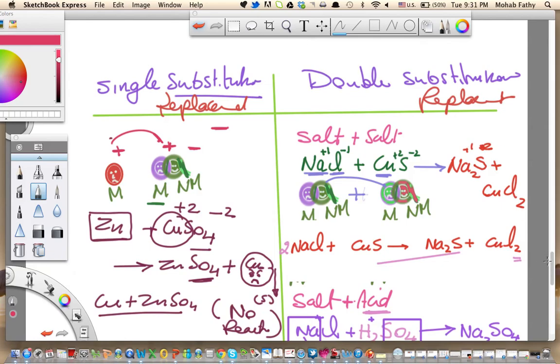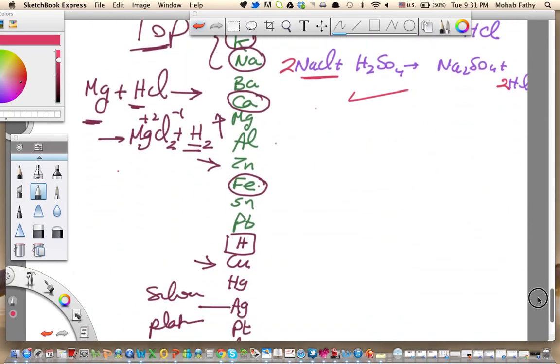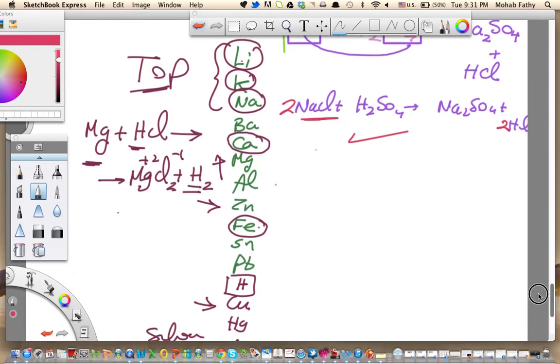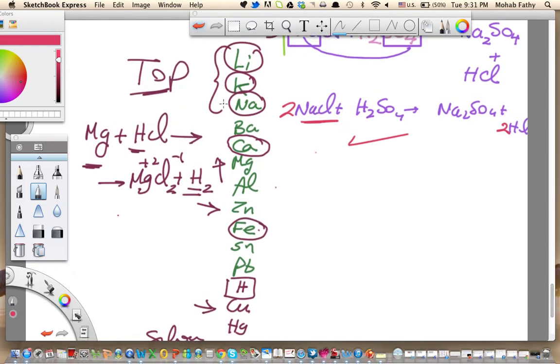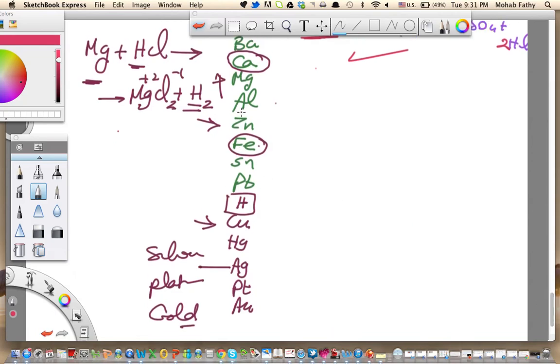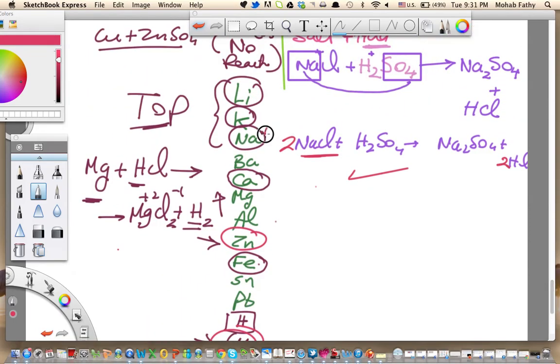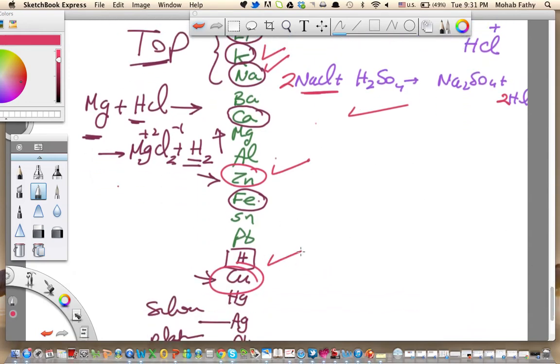If you want to memorize it, memorize it by rote. If you don't want to, you have lithium, potassium and sodium. The sequence is that the most active are sodium and potassium, then zinc is less active and copper is the least in this group of elements I pointed to.